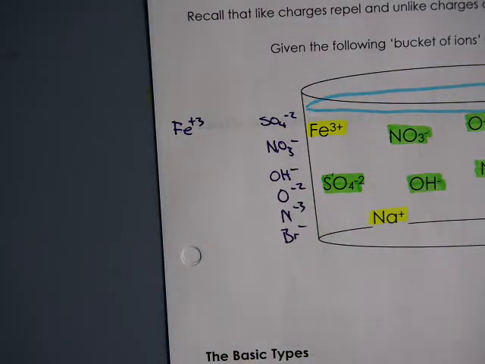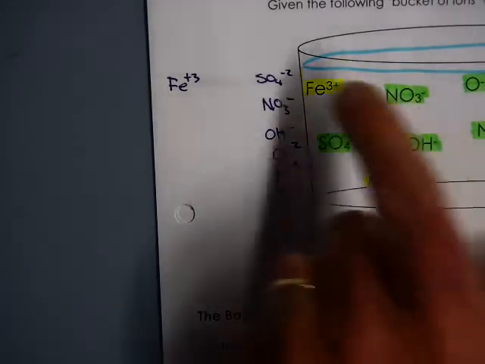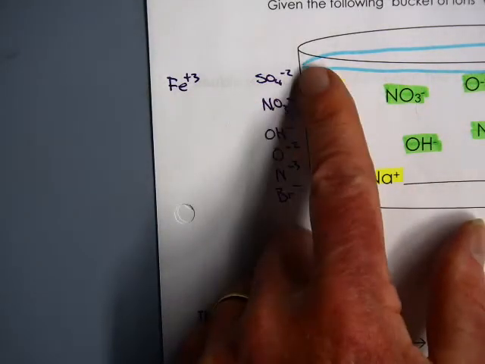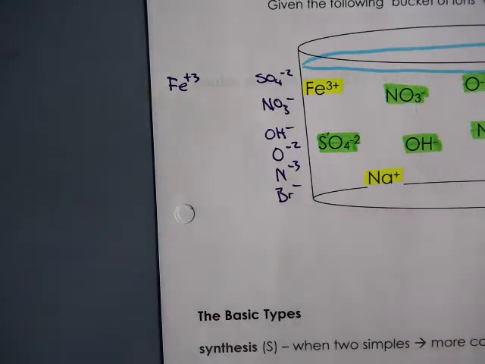So you would be correct if you suggested that iron and sulfate can combine, right? Now for you guys, just reaching back into your bag of tricks from the last chapter, what would you end up with?